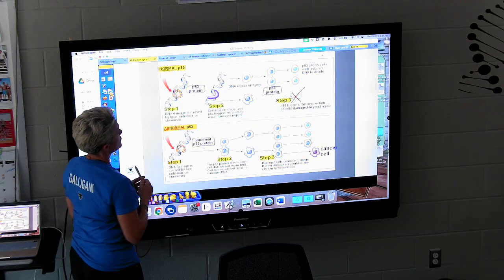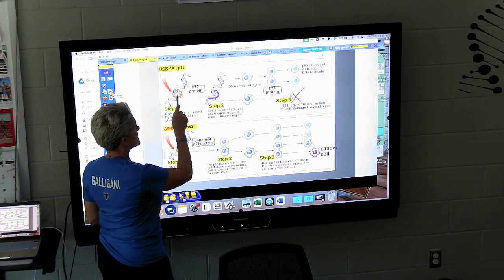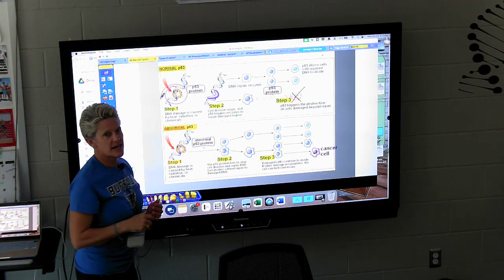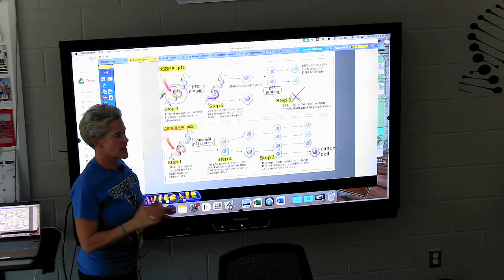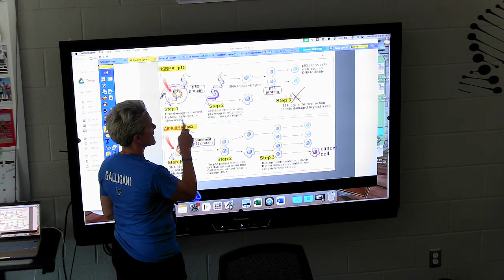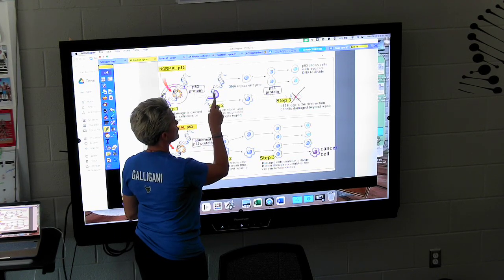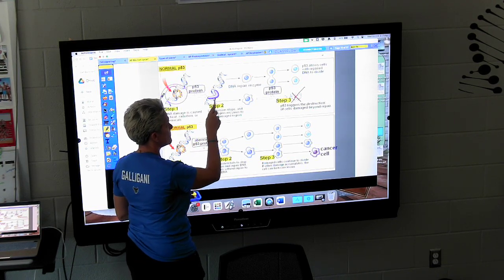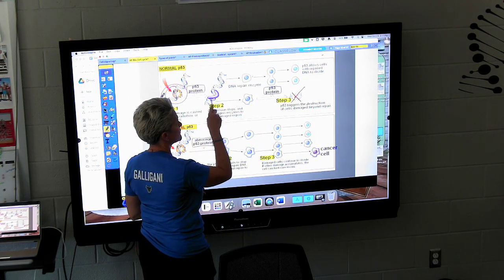All right, so this shows you a good graphic. Let's say there's damage to DNA. It could be radiation, could be multiple things that damage DNA. P53's job is to recognize that and trigger enzymes that will help repair that. So here's a repair.